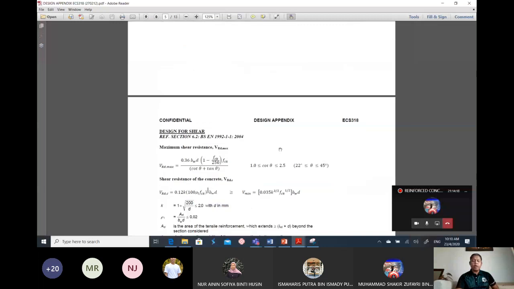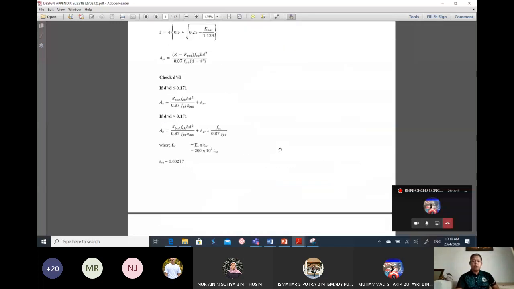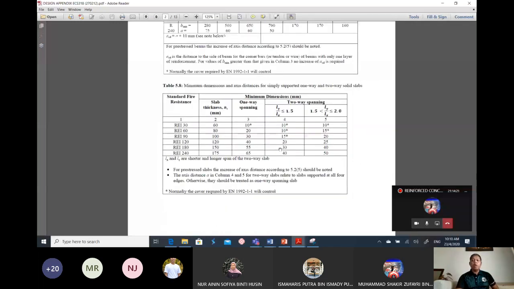How are we going to determine this alpha? The ratio of Ly over Lx is 1.6, so it is in between 1.5 and 2. If the value is less than 1.5, you will use this value. The REI is equal to 60, and therefore your alpha here is 15.